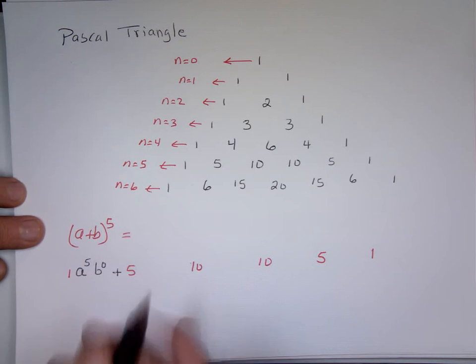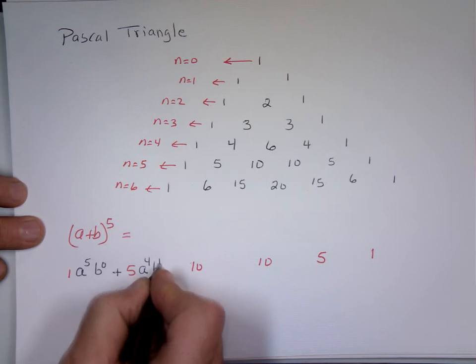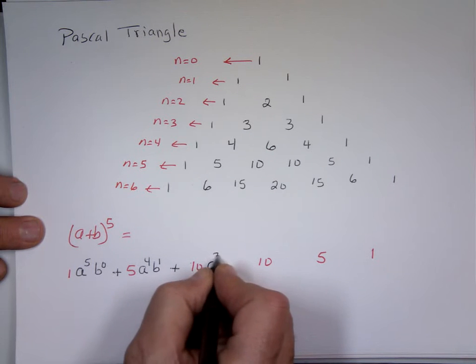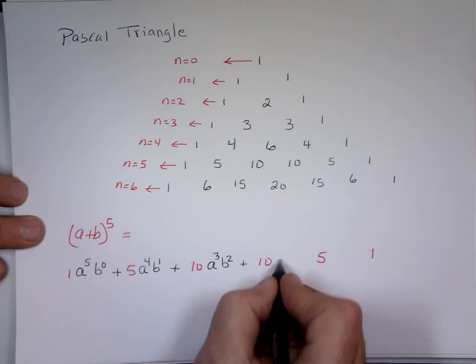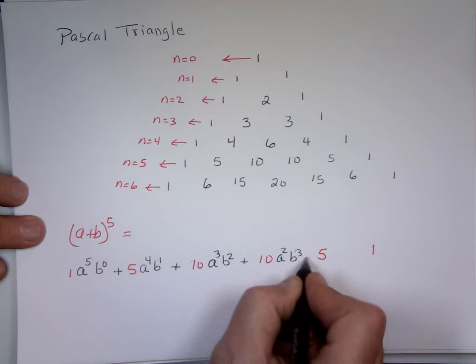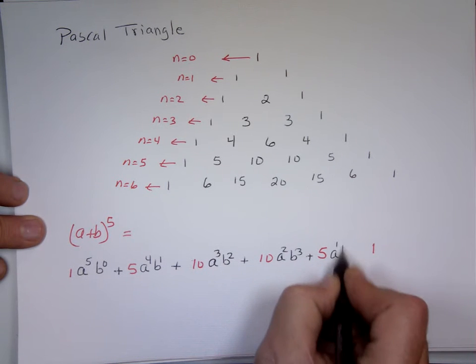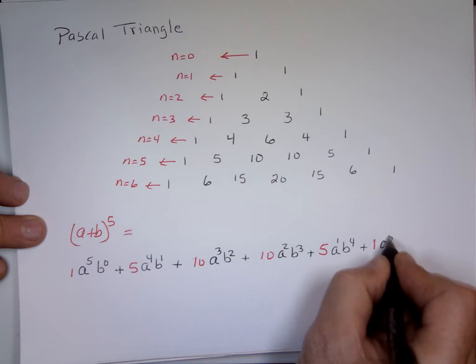That'd be a to what now? 4, b to the 1. a to what? 3, b squared. a to the power of what? 2, b cubed. a to the power 1, b to the 4. a to the power of 0, b to the 5.